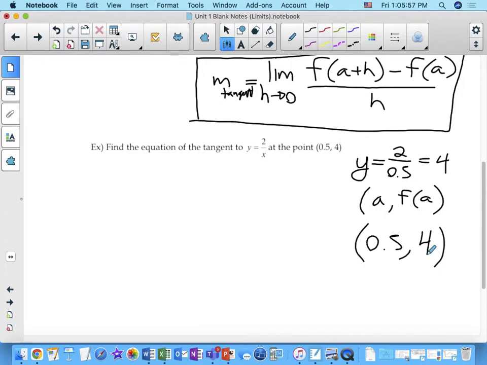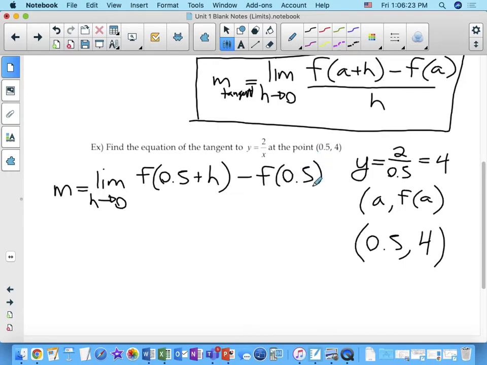All right, so the slope is the limit as h approaches 0 of f of a plus h minus f of a over h. So our a this time is 0.5. F of 0.5 plus h minus f of 0.5 over h.